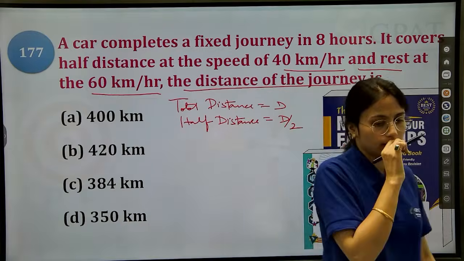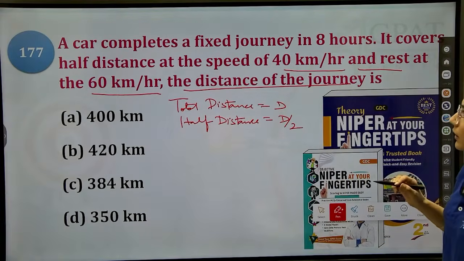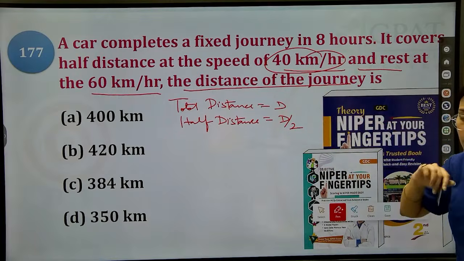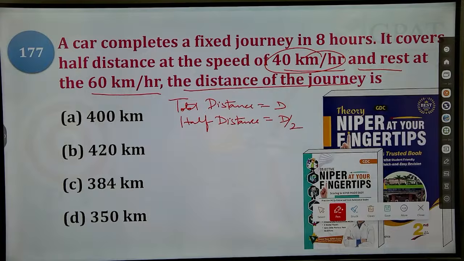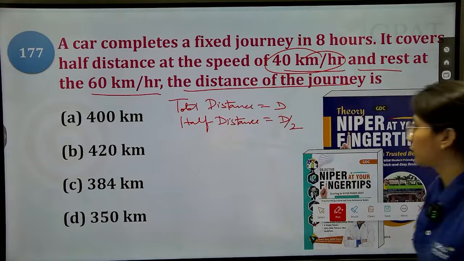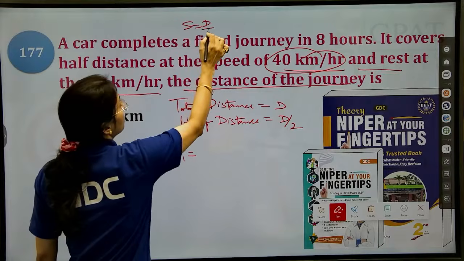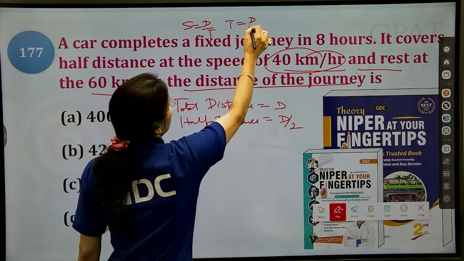Half is covered at a speed of 40 km per hour and half at 60 km per hour. So if we find T1: speed is equal to distance upon time, so time is equal to distance upon speed.